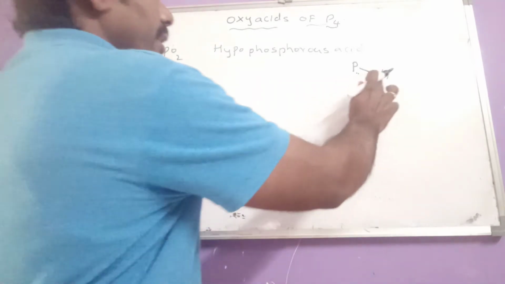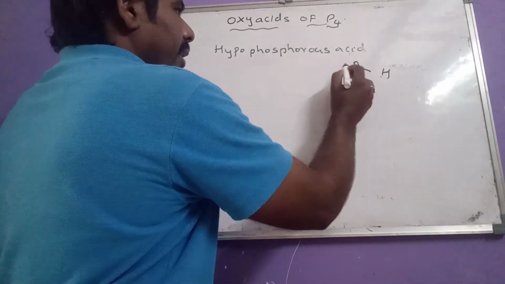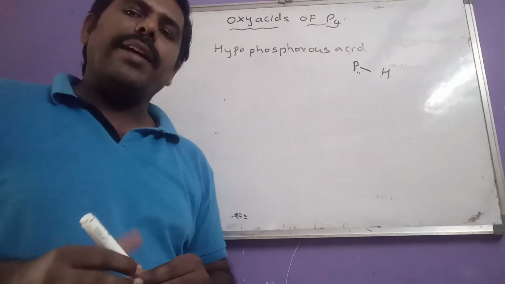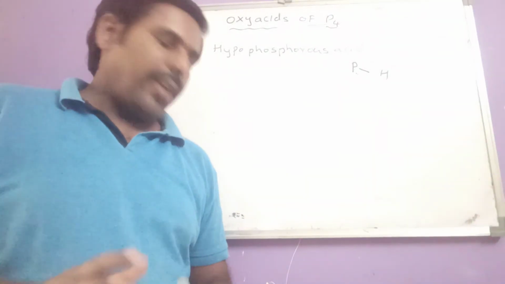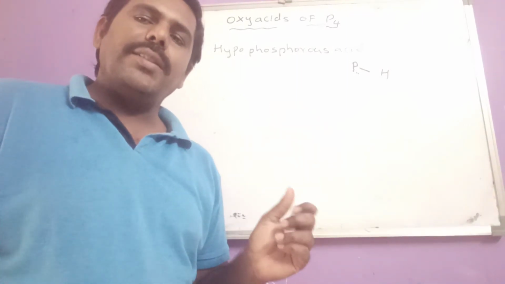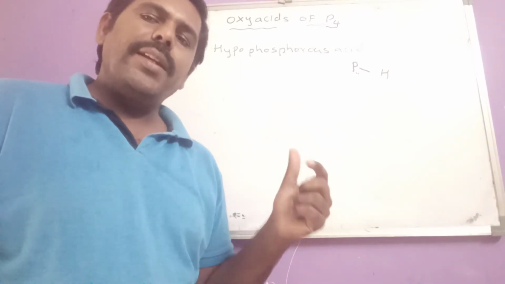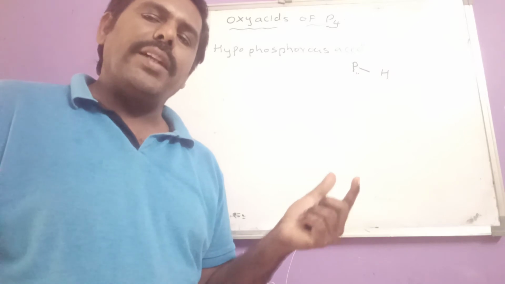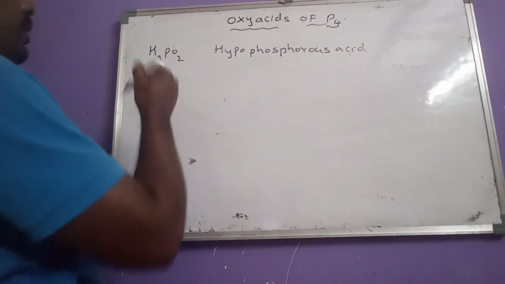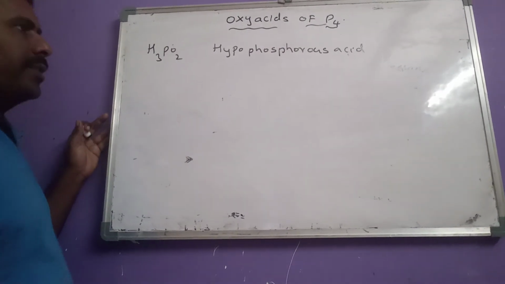Then the hydrogen directly bonded to phosphorus indicates reducing nature. So like that we have to observe each and every acid, what is its basicity, and whether it is a reducing agent or not. Now let us see the structure of hypophosphorus acid.